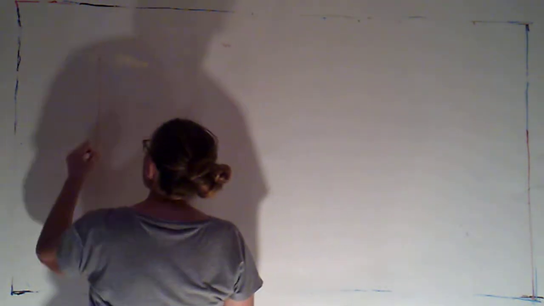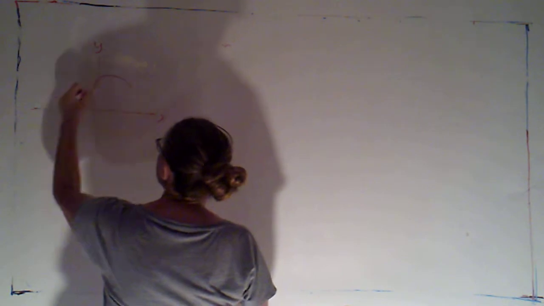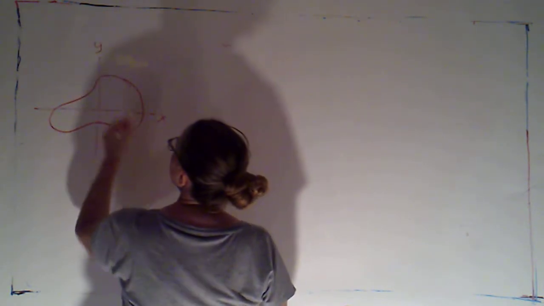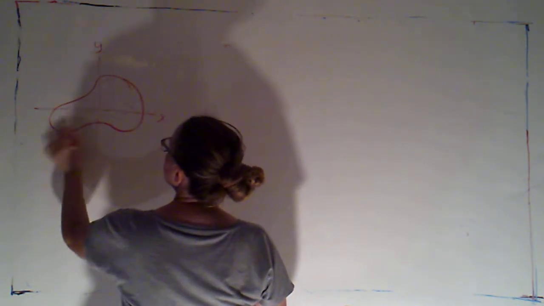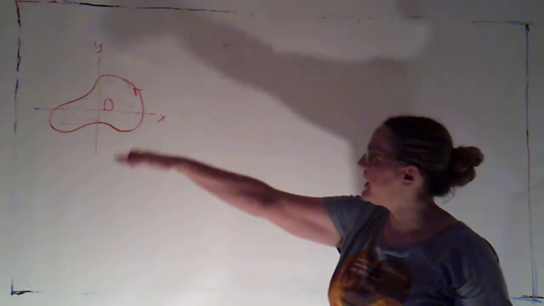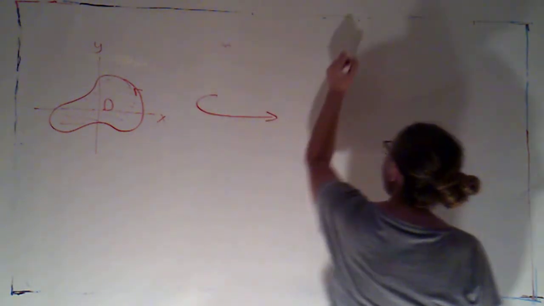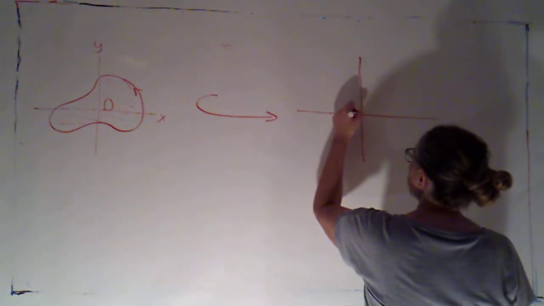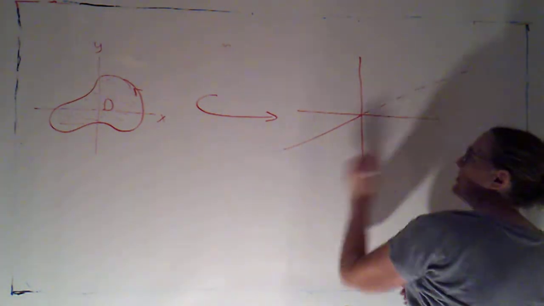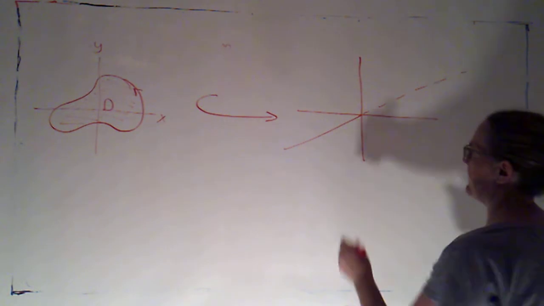So I've got in the xy plane, I've got my curve C and my enclosed region D. So here's D, here's my curve C oriented counterclockwise. I'm going to embed that in 3 space. Remember, this arrow with a little hook means that we're embedding things.